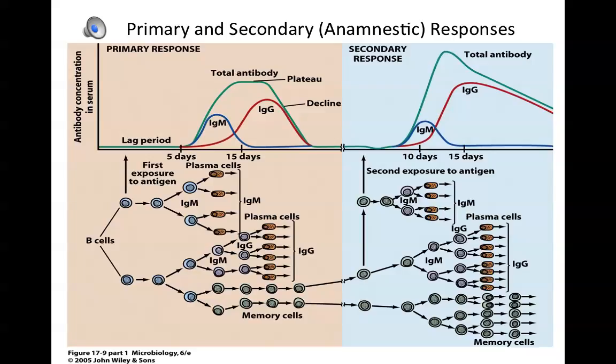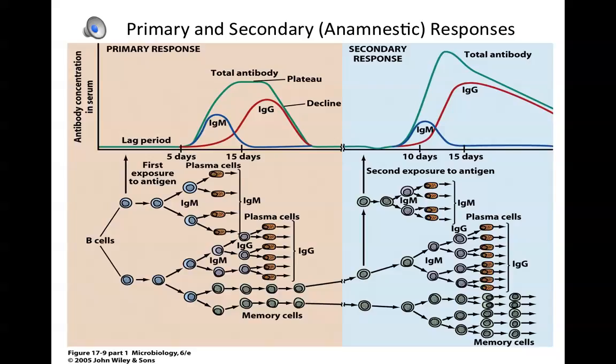We produce about 80% activated plasma cells that are producing high quantities of antigen-specific antibodies, first in the form of IgM, and then we undergo essentially a conversion from IgM to IgG to eliminate unwanted virus, toxin, or bacterial infections. 20% of those activated B cells do not transform into plasma cells. Instead, they transform into memory cells.